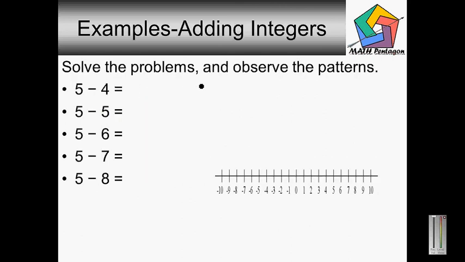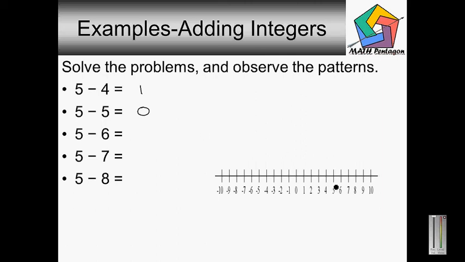Okay, the directions are telling us to solve the problems and observe the patterns. So we have, well, you know 5 minus 4 is 1. 5 minus 5 is 0. Okay, it's getting more tricky. So we have 5 minus 6.